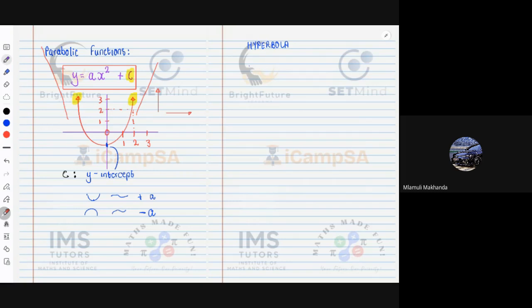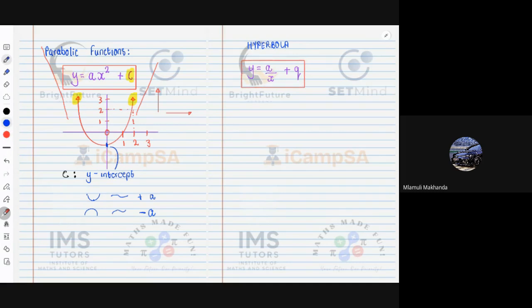So the general formula for a hyperbola is y is equal to a over x plus q. This is our general formula for the hyperbola or the hyperbolic function.